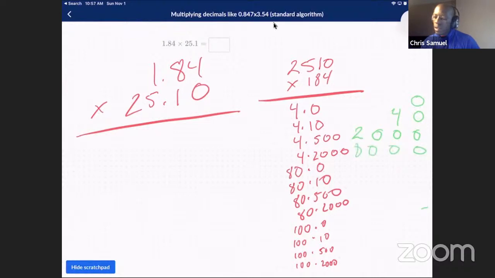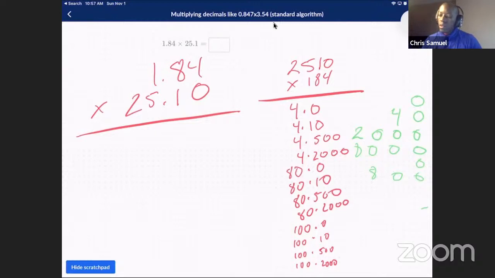And then you have 80 times 0 is 0. 80 times 10 is 800, so 0, 0, 8. 80 times 500: if 10 times 500 is 5,000, then 80 times 500 is 40,000.